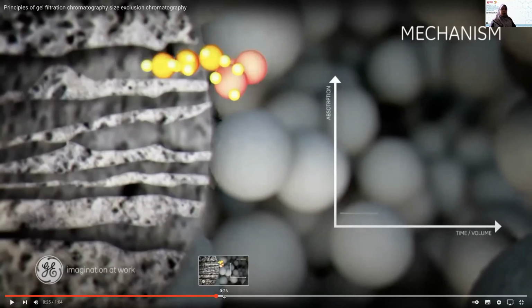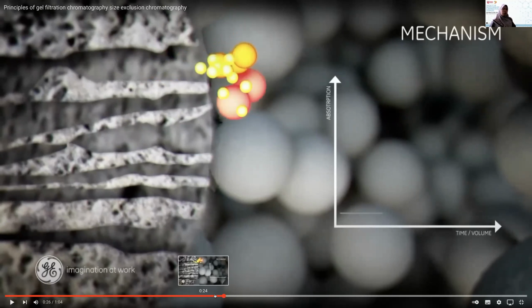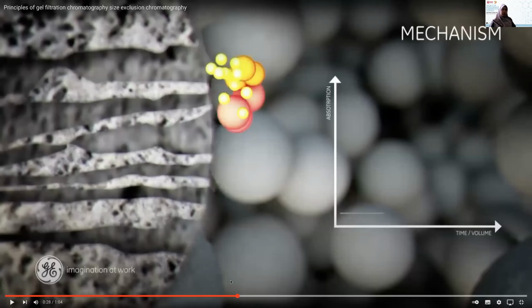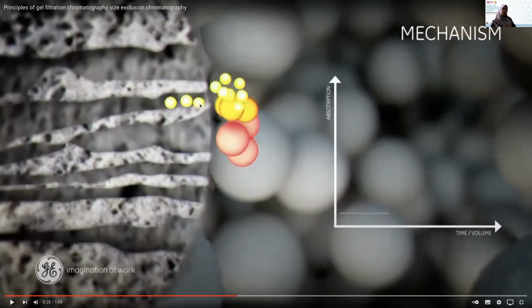So what happens in the gel filtration principle is that the small protein will come out later, and the big protein will come out earlier. If you look at this picture, this is a small pore size, so only the small protein can get into these pores.